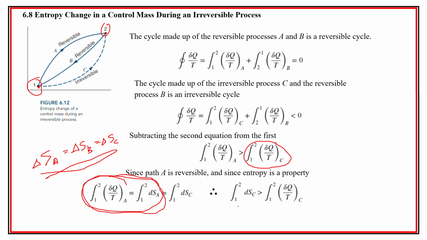So what we basically said is that the entropy, because of the different path, is always going to be greater than what we would find if we did that integral of the thing, right? That's sort of one of the main things. So this is a general statement about the entropy equation for a control mass.